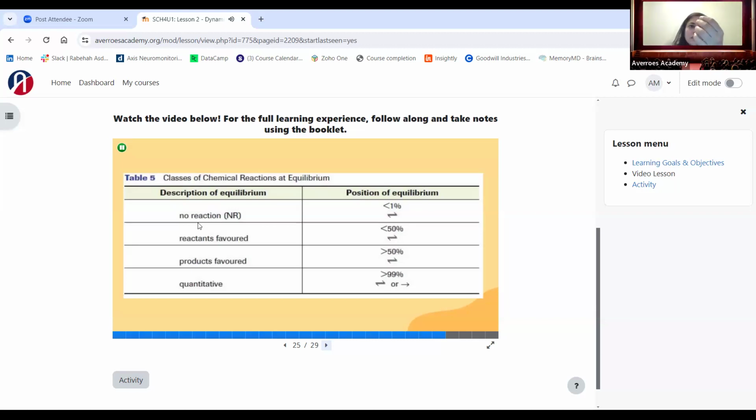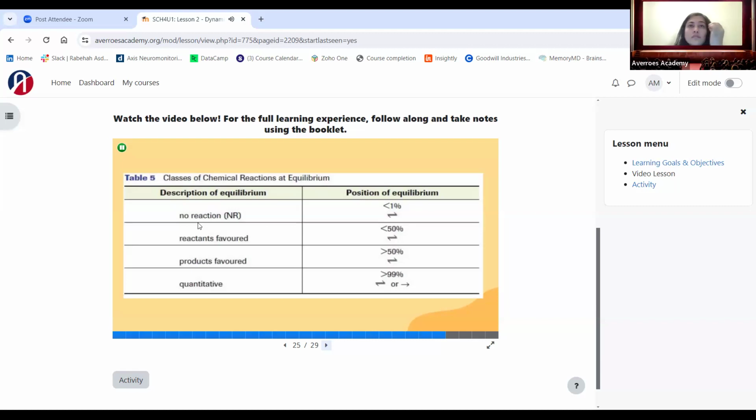In contrast, reactions that favor the products very strongly, where the percent reaction is more than 99%, are observed to go to completion. And these reactions are generally written with a single arrow to indicate that the effect of the reverse reaction is pretty much non-noticeable.